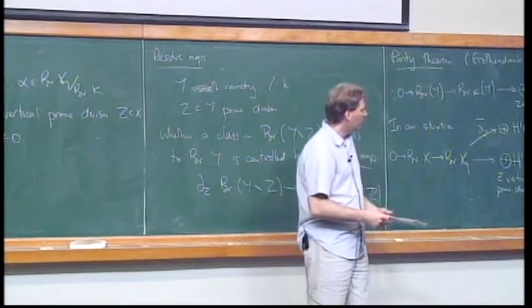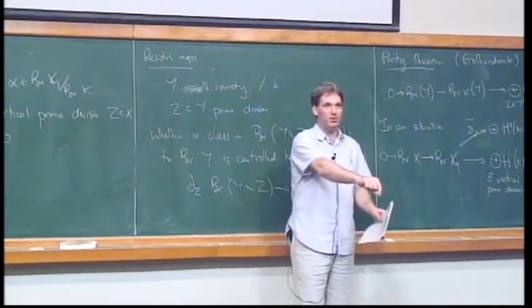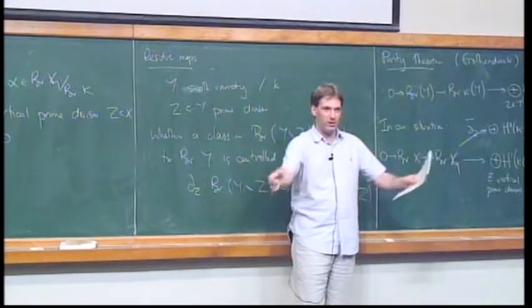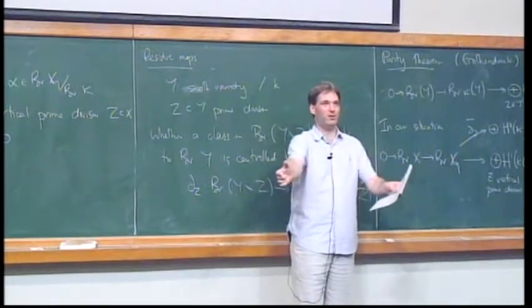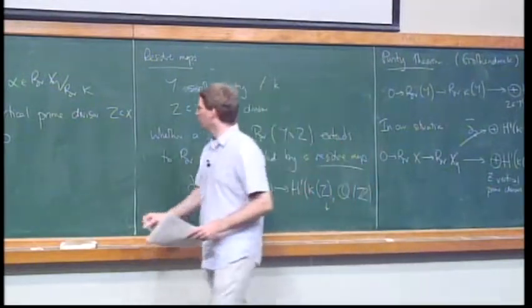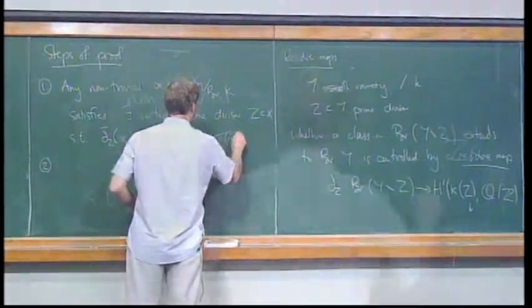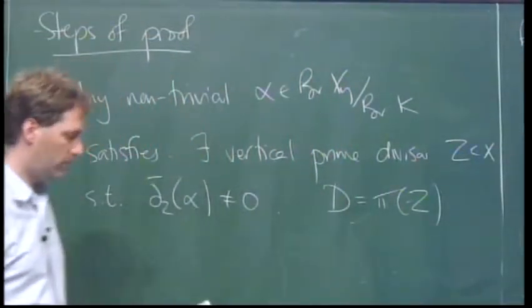And that's going to happen when the point I picked in the base, when I consider it modulo p, lands in one of the divisors in the base where some kind of bad reduction happens. So let me write D is pi of Z.